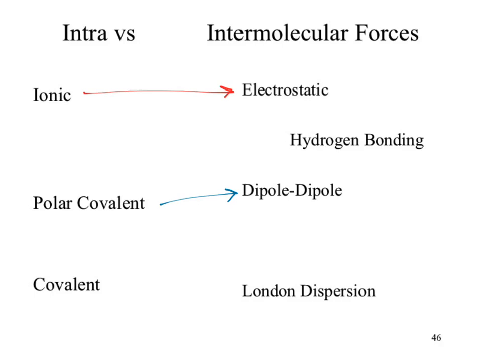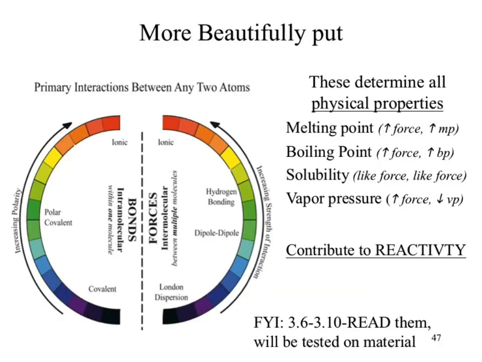So by looking at the structure, where I can see the bonds, I can label the forces. Once I know the forces, I can now start to predict how that molecule is going to interact with other molecules, and that's pretty insanely powerful. Okay? That's where we get our melting points, our boiling points, solubilities, vapor pressure. They also contribute to all sorts of reactivity.